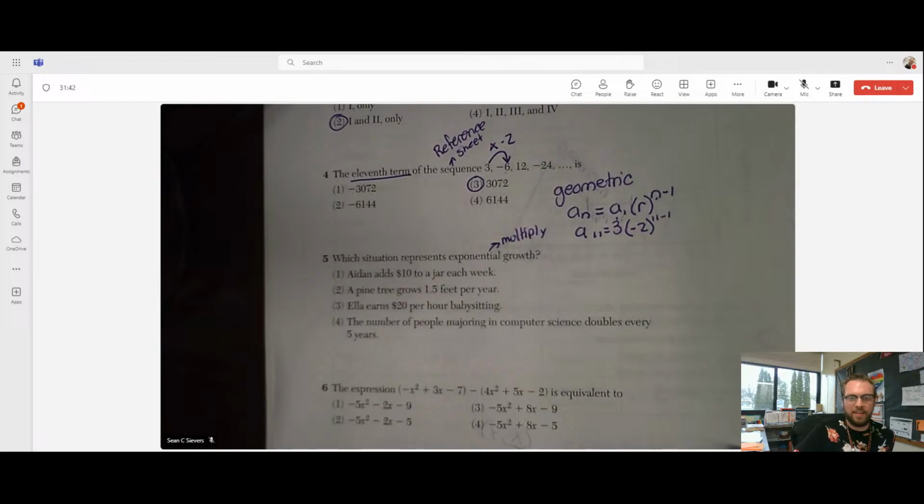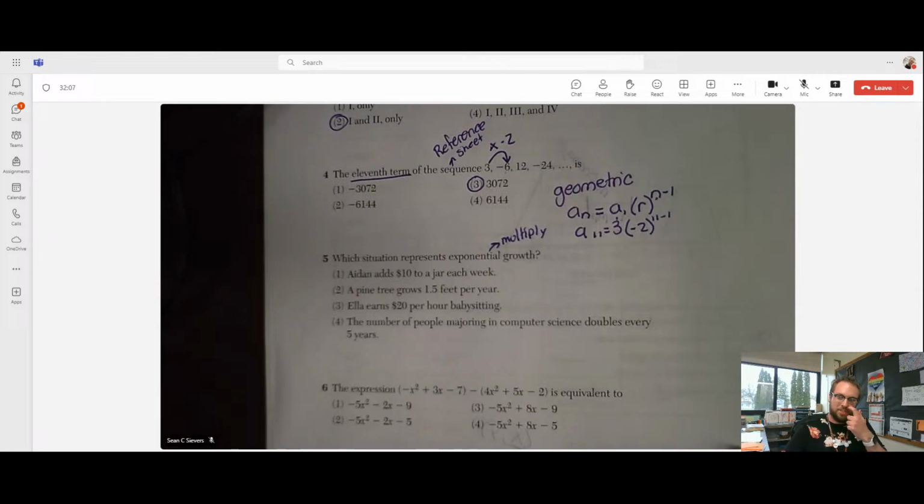Would it be adding $10 to a jar each week? Would it be growing 1.5 feet per year? Earning $20 per hour babysitting? Or the number of people majoring in computer science doubles every 5 years? What do we think? You got 1 vote. Another couple seconds.